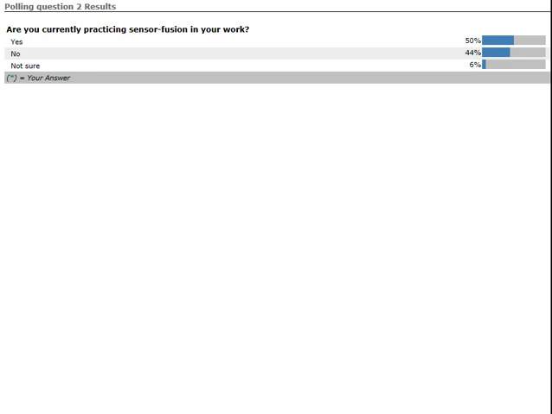I think it's really interesting. I was expecting that we would get quite a few listeners who actually practice sensor fusion, because it just proves the point that it is a good way of cost-effectively and easily accomplishing gas detection goals like the ones we're covering here.